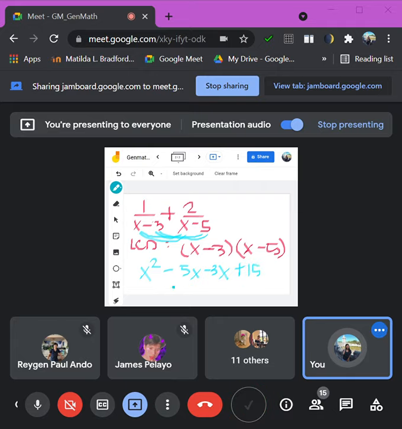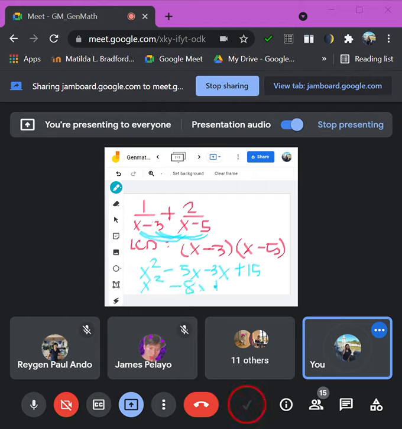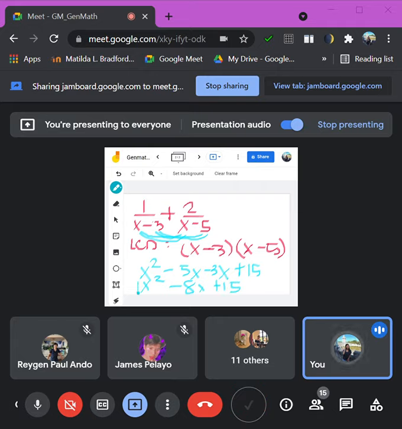So I have expanded it, and then you combine like terms: x squared minus 8x plus 15. You can use this one as your LCD, or the other one. Choose whichever you prefer, but you can use both.